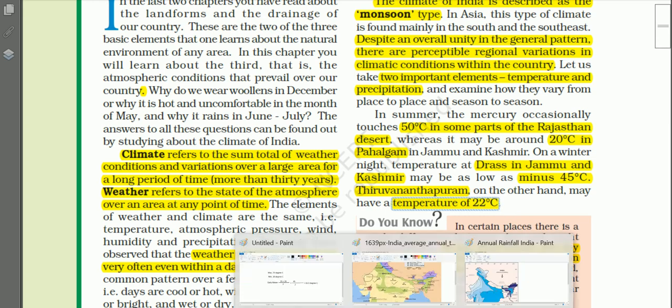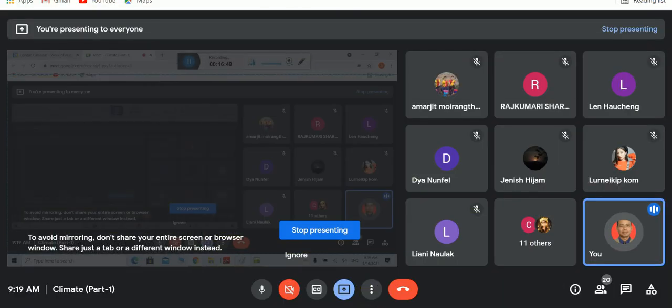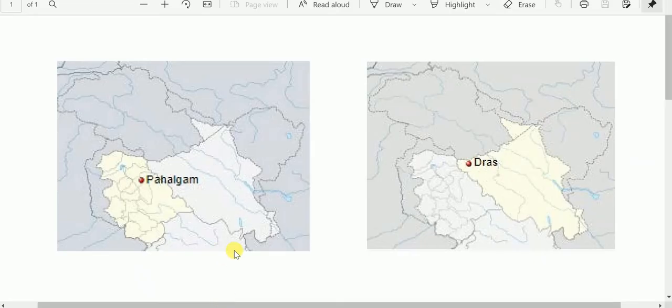Just let us find out the location of Pahalgam. We have learned about Pahalgam. The location of Pahalgam is here. It is in Jammu and Kashmir.